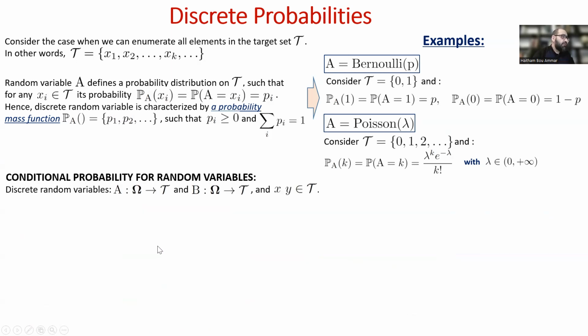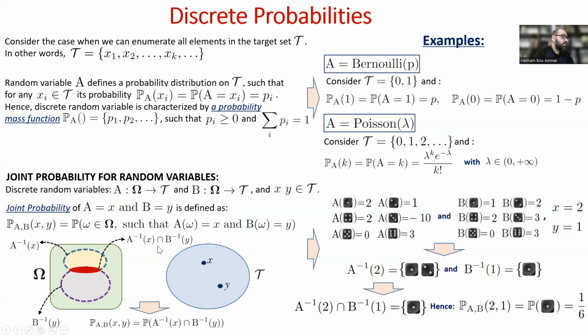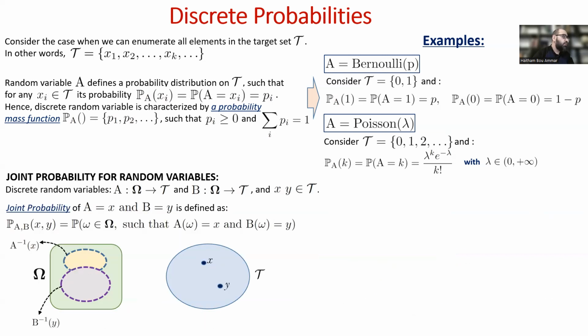So now, intuitively speaking, we are going to look at it in the following way. If we had omega and we had T, and we are interested in X and Y inside T, what could we do to understand this probability? We want to find all those possible outcomes that will make A of omega equal to X and B of omega equal to Y. To understand that, we can construct the pre-images.